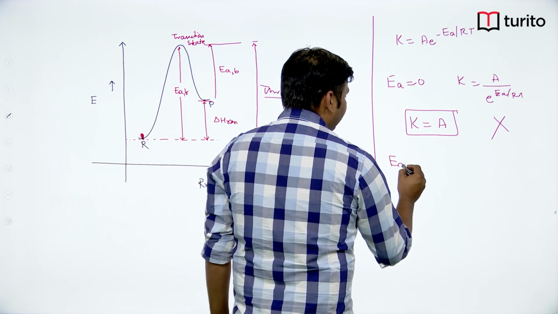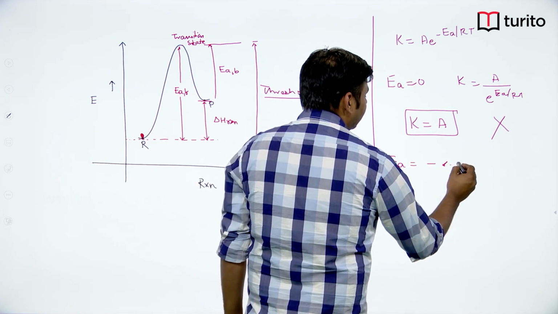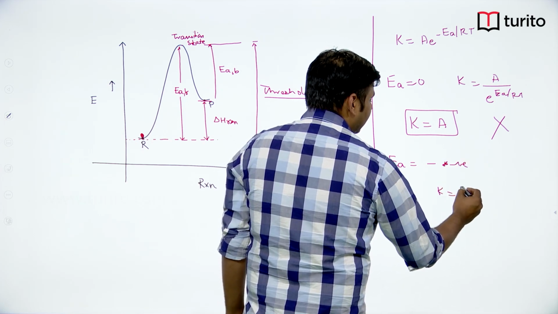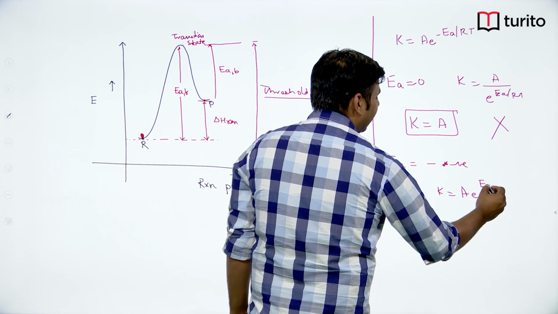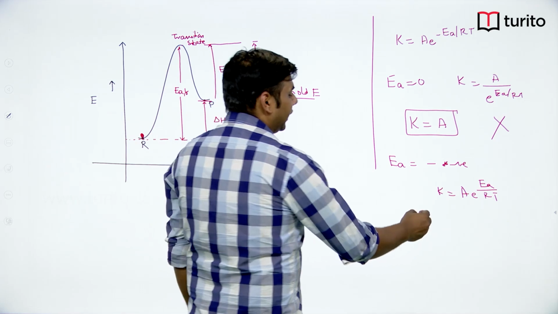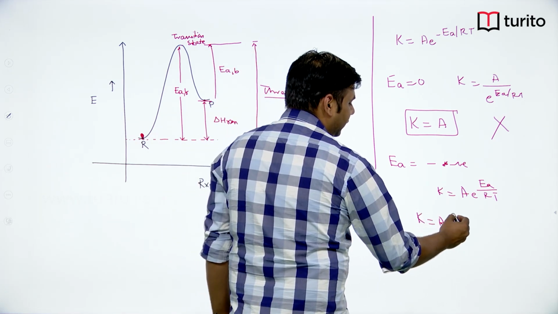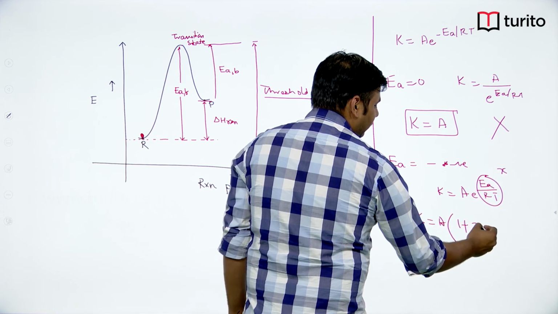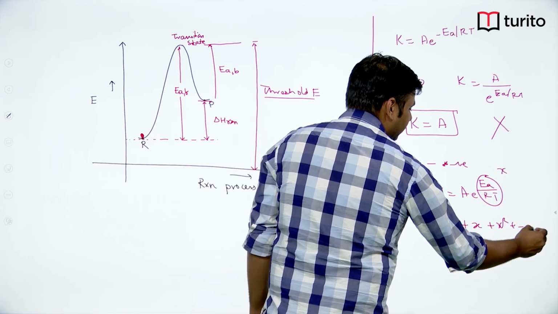Similarly, suppose Ea is negative. Then we can write k as A into e raised to Ea by RT. Now we can apply the binomial expansion. Suppose this quantity is taken as x, so it becomes 1 plus x plus x square and so forth.